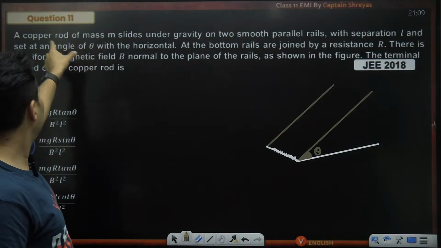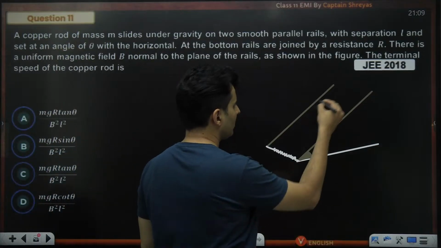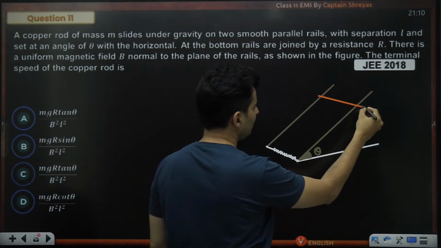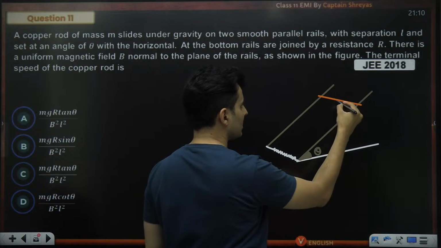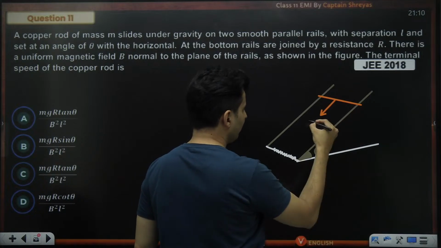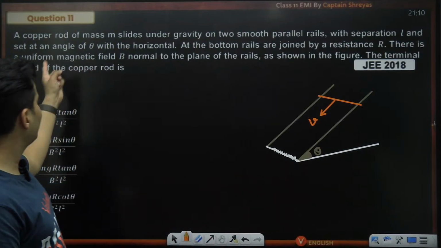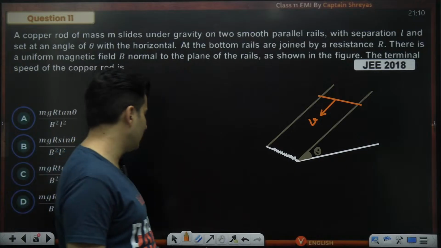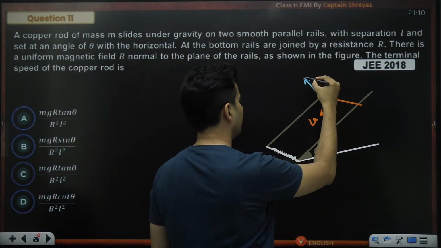Okay. Now there is a rod which will slide on it. Let me show that rod. That rod is over here. This rod is going to slide down like this along this inclined plane, with some velocity V. And there is a magnetic field normal to the plane of the rails, meaning the magnetic field is like this.